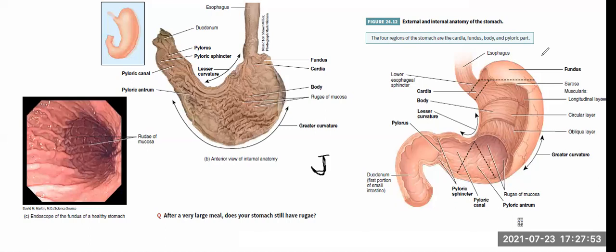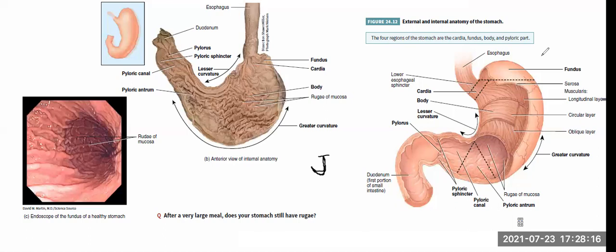Its early digestion starts, so proteins will change into peptones and polypeptides, because they will not be completely broken down into amino acids.